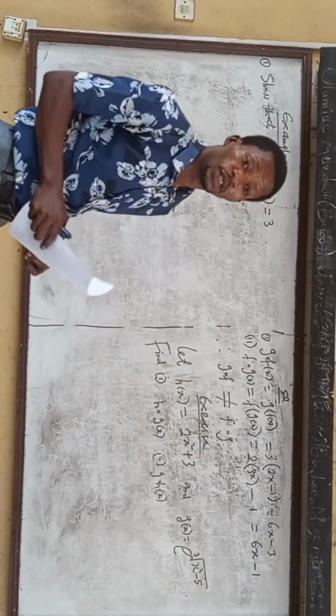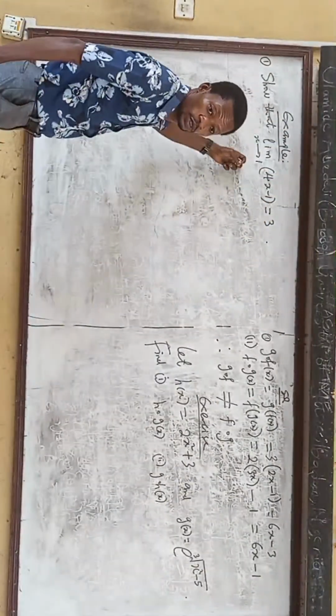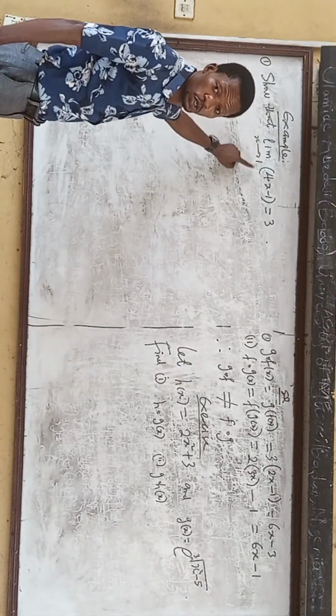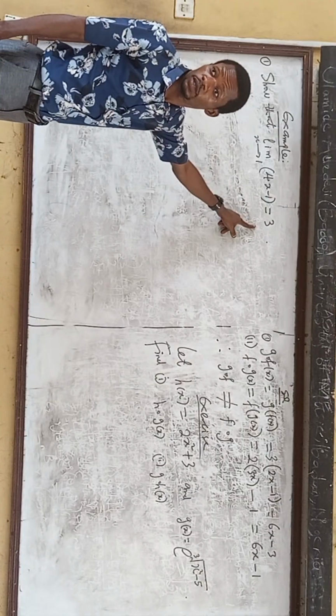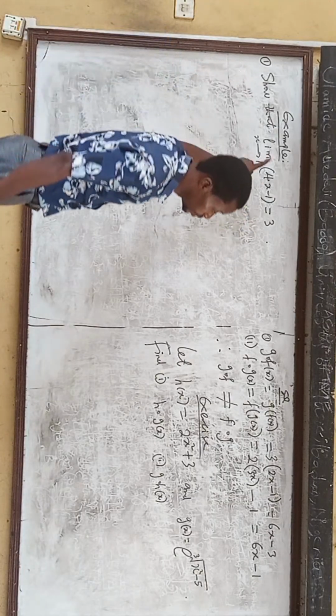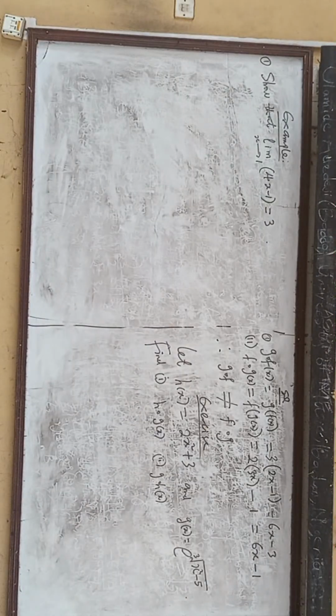Do you see this? You have to show that this is true, that the limit as x approaches 1 of this function is 3. So if you are given this, you are expected to use this definition to explain. Do you understand that?